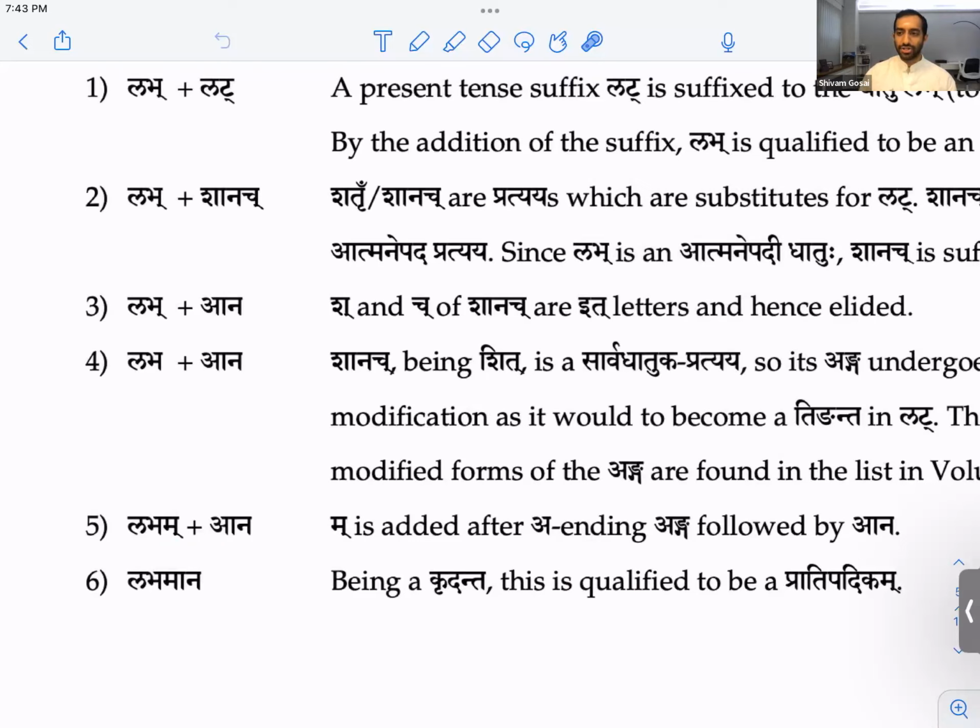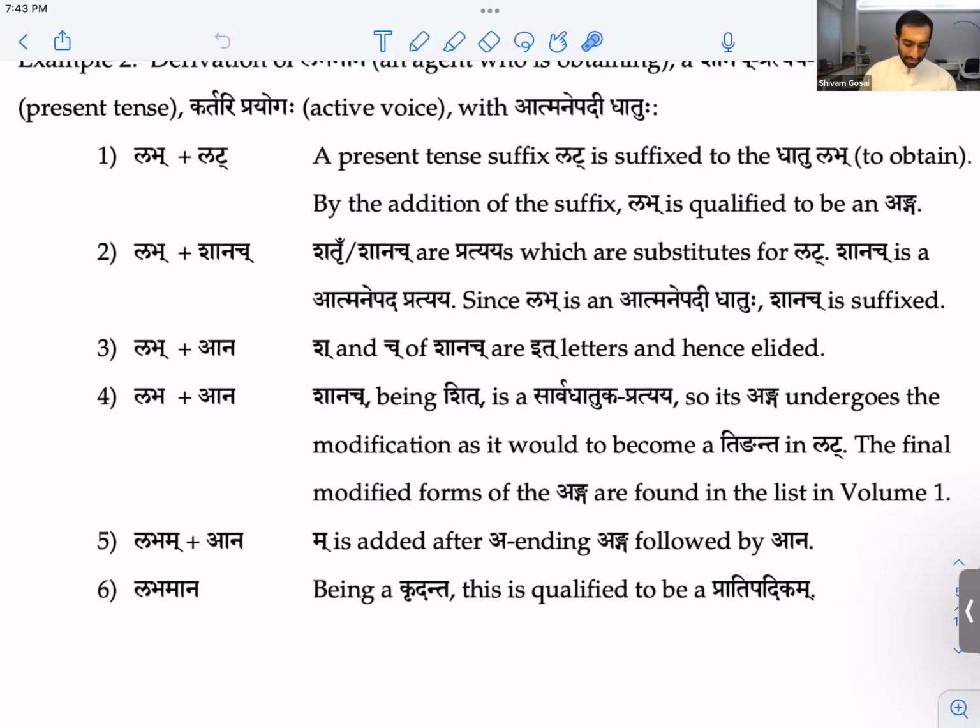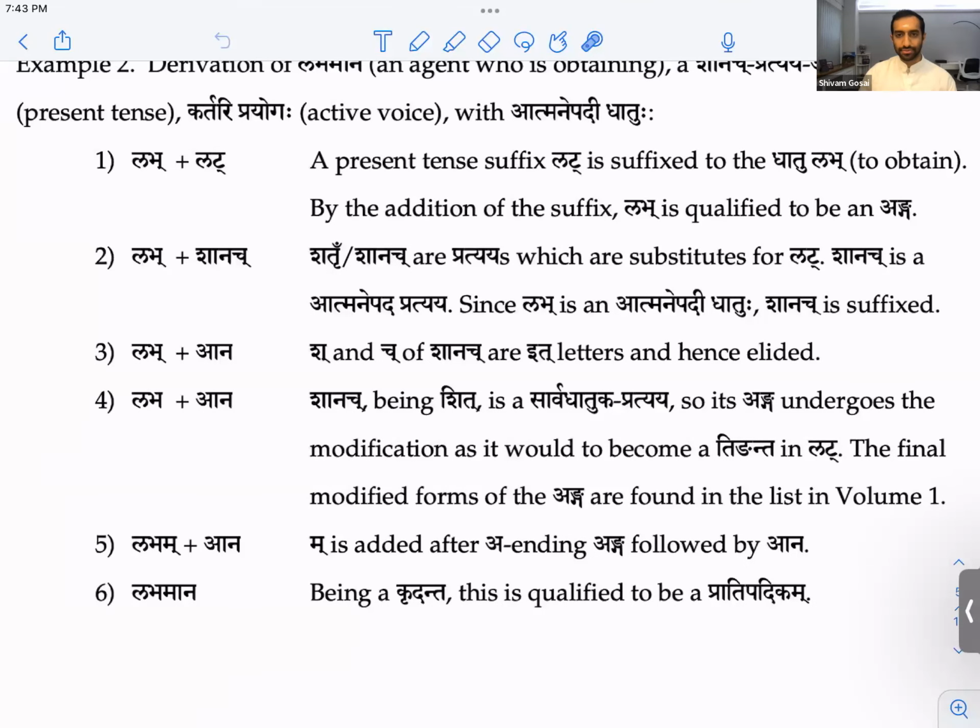Let me pause there. Any questions here so far? Labhamana. So Śānac becomes ana, ending becomes ma, so labhamana.